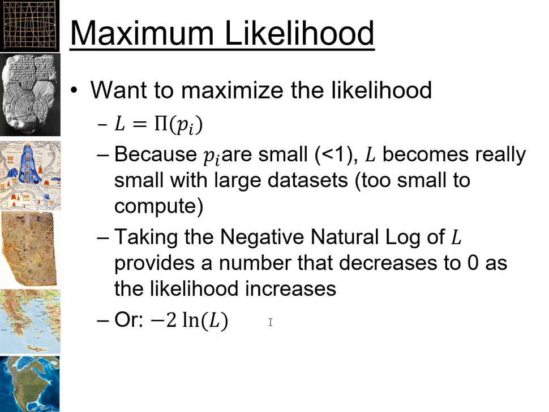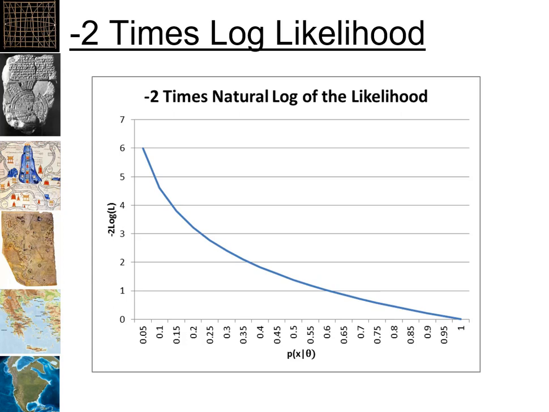So what someone decided to do was take the natural log of likelihood and then multiply it times -2. Now, the reason to do that is because the natural log doesn't get small as fast as the likelihood does. It also ends up producing this graph.